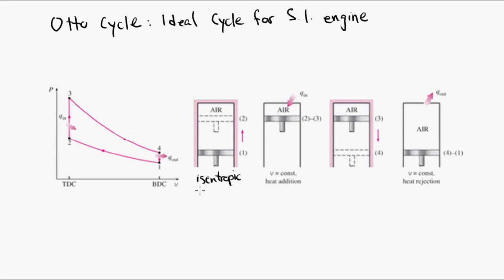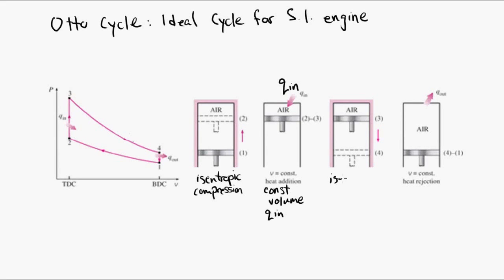The 4 stages of the Otto cycle consist of isentropic compression, constant entropy, as the piston moves up and compresses the air in the cylinder. The second stage is heat input. We consider it constant volume heat input, or Qin, that represents the combustion stage. From 3 to 4, we have an expansion.